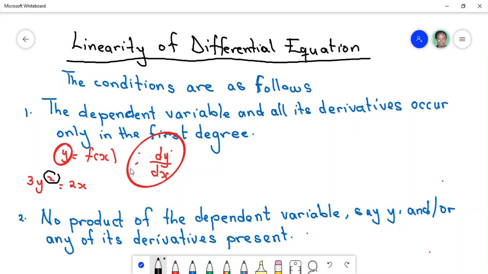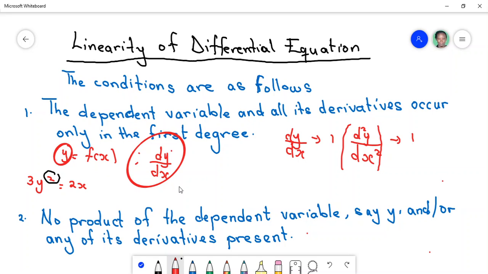Even with my derivative, if I have dy dx, what is the degree of this? The degree is 1. Same with d squared y over dx squared: the degree here is also equal to 1. It is in the first degree.